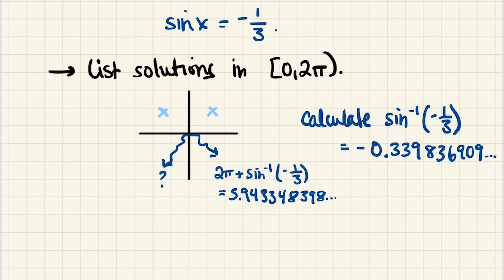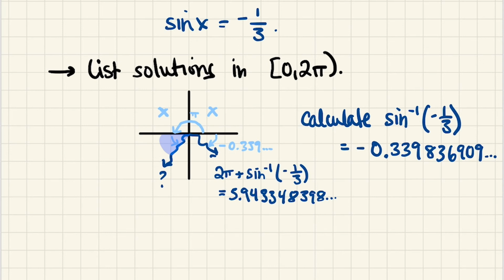Okay, but the real question is, how the heck are we going to find this third quadrant version of that angle? Well, we know that this reference angle must match this reference angle. And remember that this value here was negative 0.339. So that's a reference angle of positive 0.339 blah blah blah. So all we have to do is take this amount right here, which is pi, and add 0.339 blah blah blah, right?